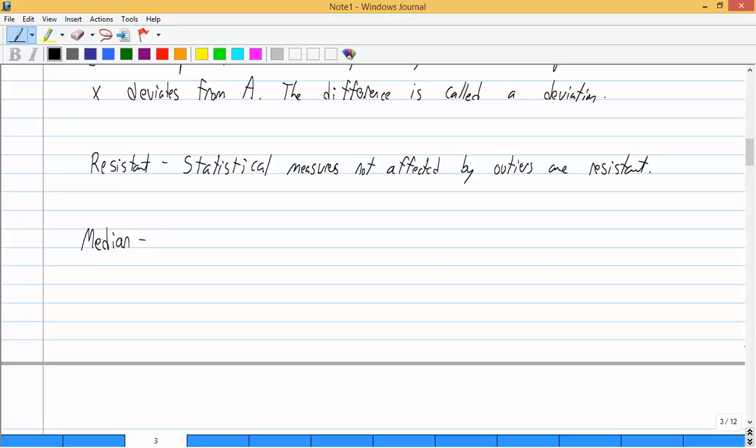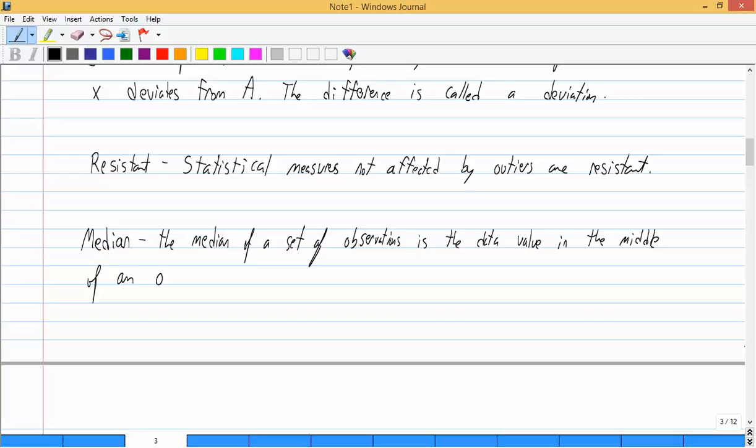The median of a set of observations is the data value in the middle of an ordered array, as your book calls it.